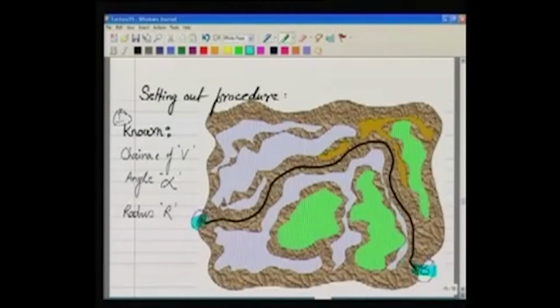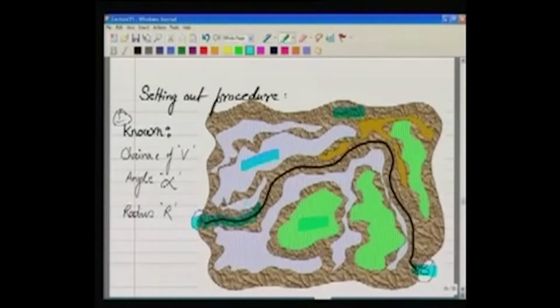Obviously we can see this is the forest area, here we have the water body, and this is the terrain. Now, our road has to change its direction because of the topography and limitations there.